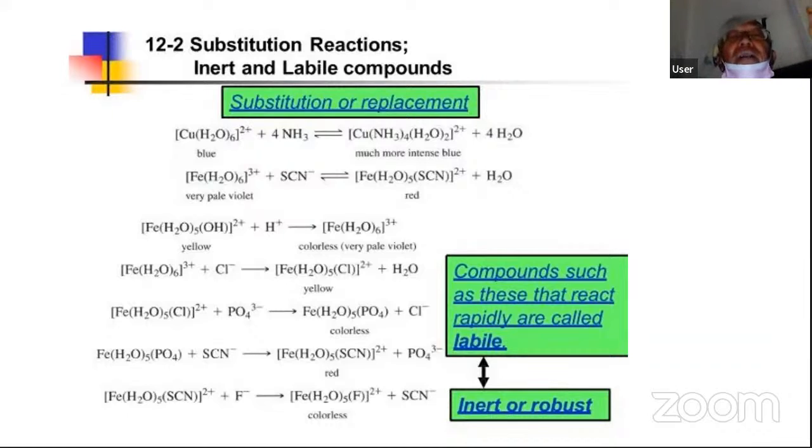This labile situation, you can also see when you study the kinetic behavior. For labile compounds, the rate constant will be higher than the rate constant of the inert compound. Okay, remember labile and inert. Next slide.